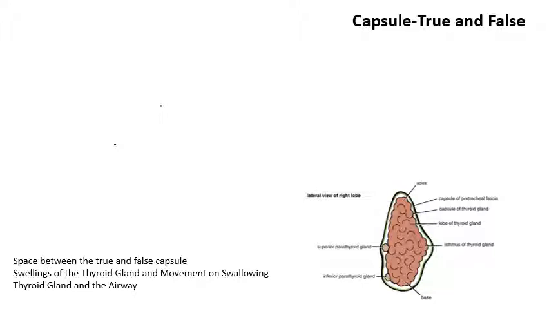So this we are doing presently to understand the capsule of the thyroid gland. So the gland, like any other gland in the body, is surrounded by a capsule. But the composition of this capsule is very different from what we see in the other glands. Here, the capsule of the thyroid gland is made up of two layers, a true capsule and a false capsule.